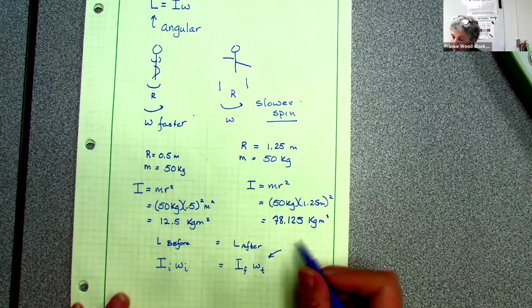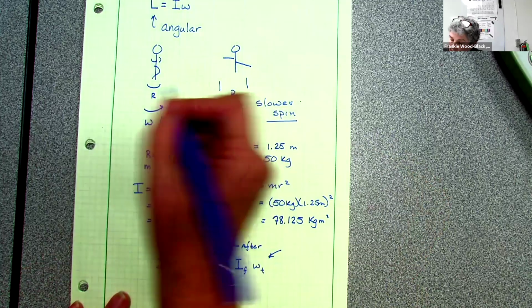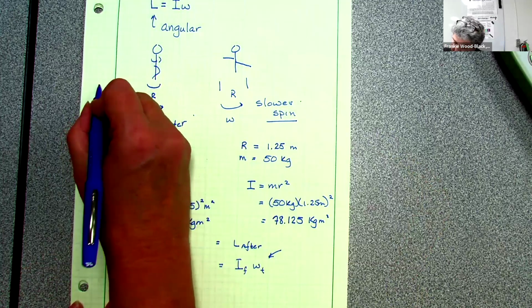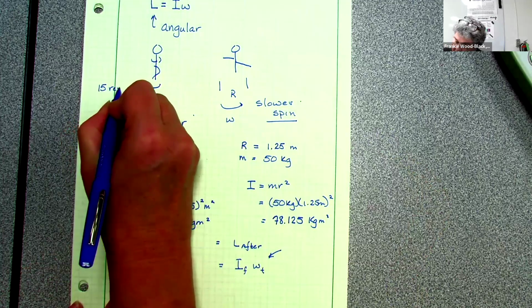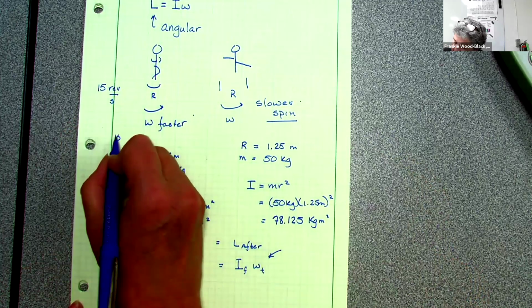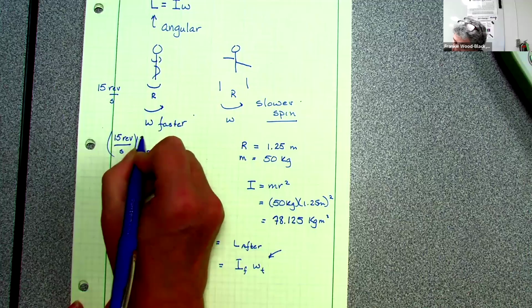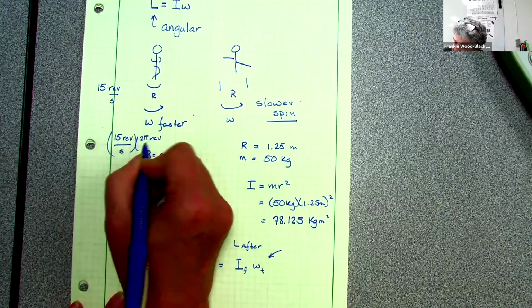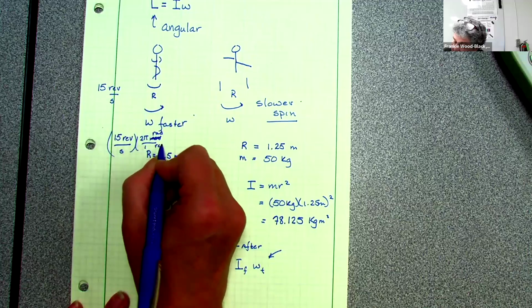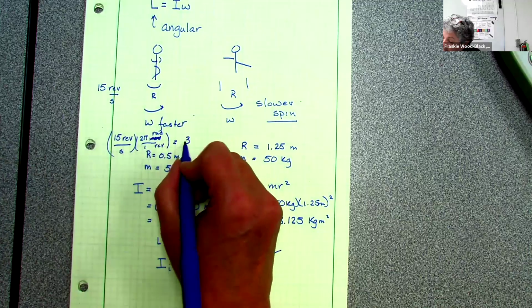We're going to start out with 15 revolutions per second. It's 2 pi radians for one revolution, so I get 30 pi.